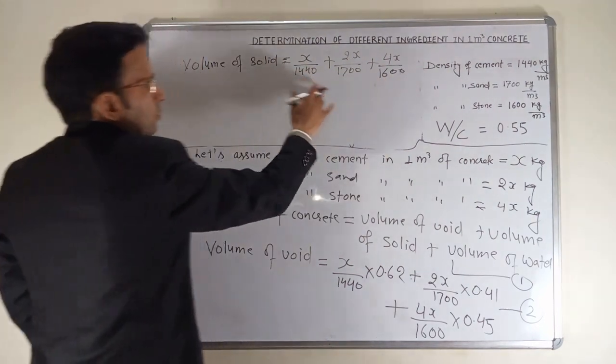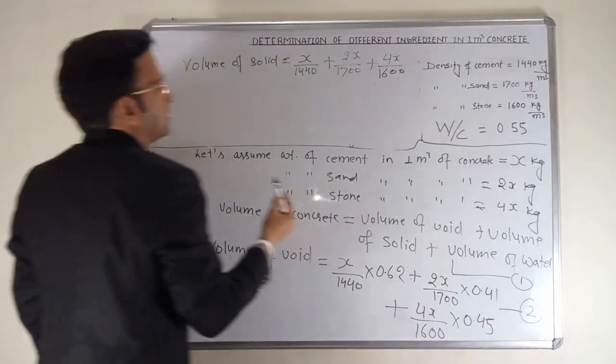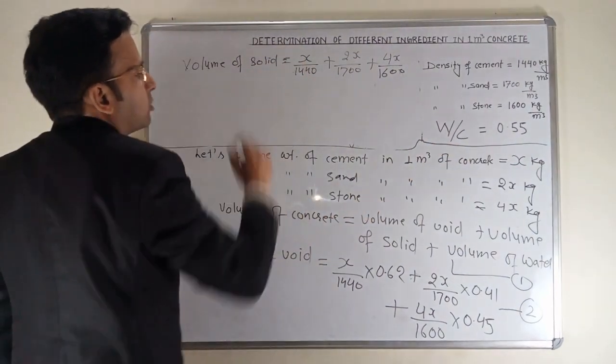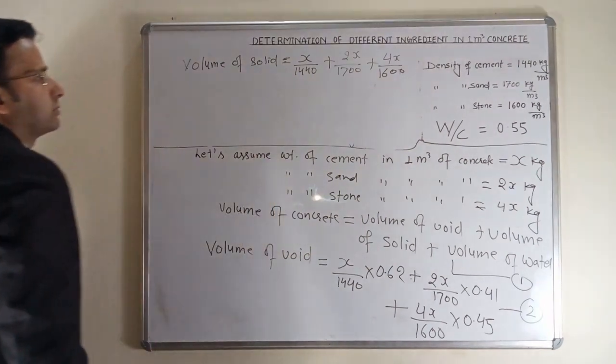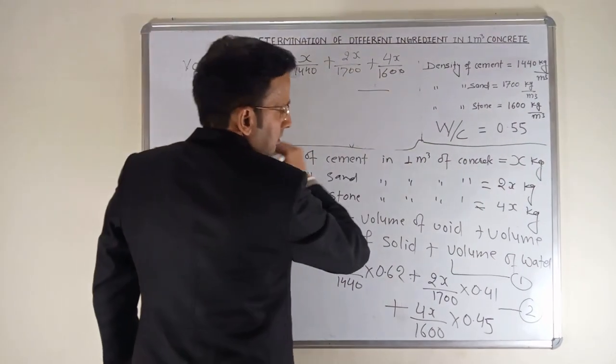This is simple. We are dividing weight by its density and we are getting the volume. Weight upon density, mass upon density is equal to volume. So let's suppose this is equation 3.